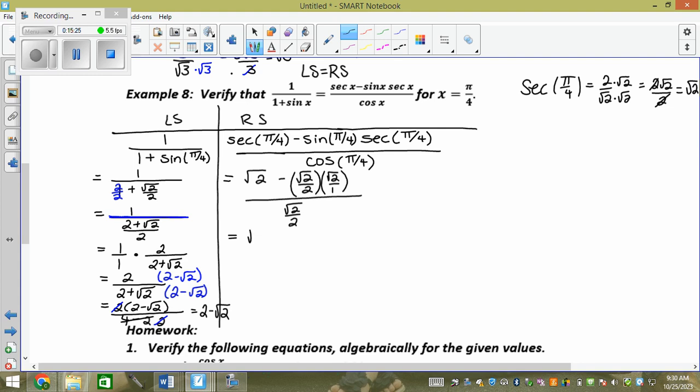I get root 2 minus root 2 times root 2 is 2 over 2, which is 1, divided by root 2 over 2. Now I get root 2 minus 1 over 1 times 2 over root 2.